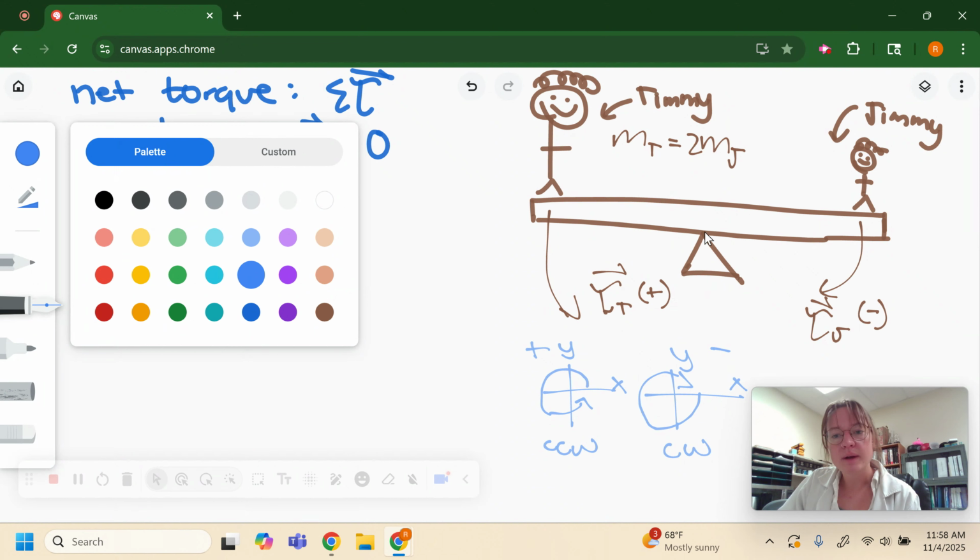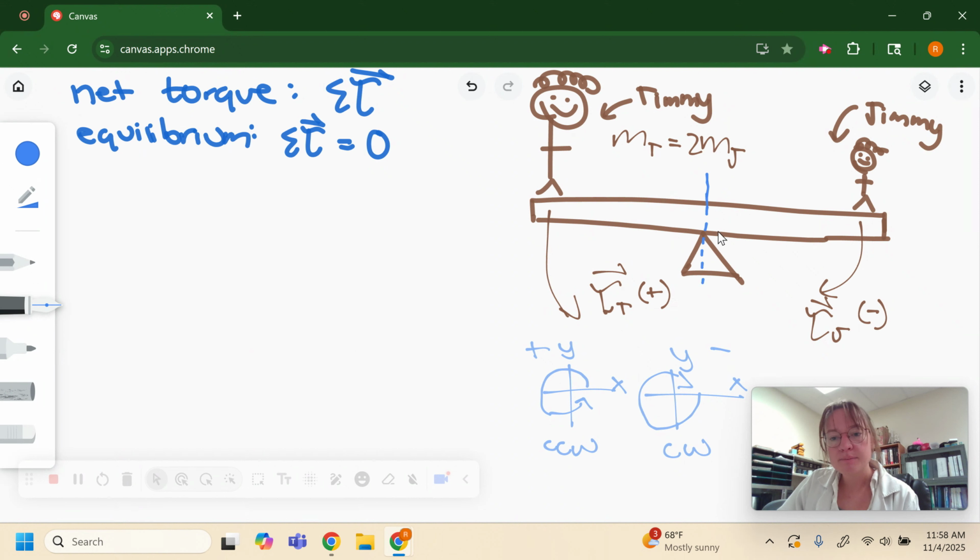This right here, this point is our fulcrum. It's the point that the whole seesaw is going to turn around. Whoa, we got a W in fulcrum. Fulcrum, yay. Okay, that's the point that the whole seesaw is going to turn around.